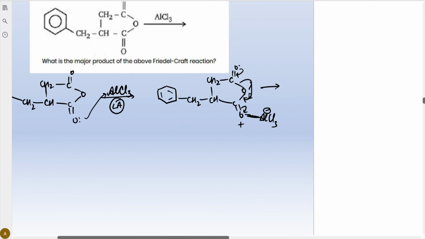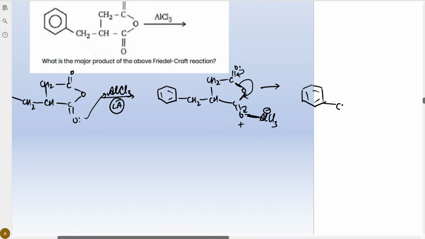Sorry, I will draw again, wait. See, this is a concerted mechanism, you should be able to write it together. So from here you make a bond here, and this bond you break, and this will be made a double bond. This single bond will shift to this side, and this double bond will be made a single bond, and electrons will come on oxygen.